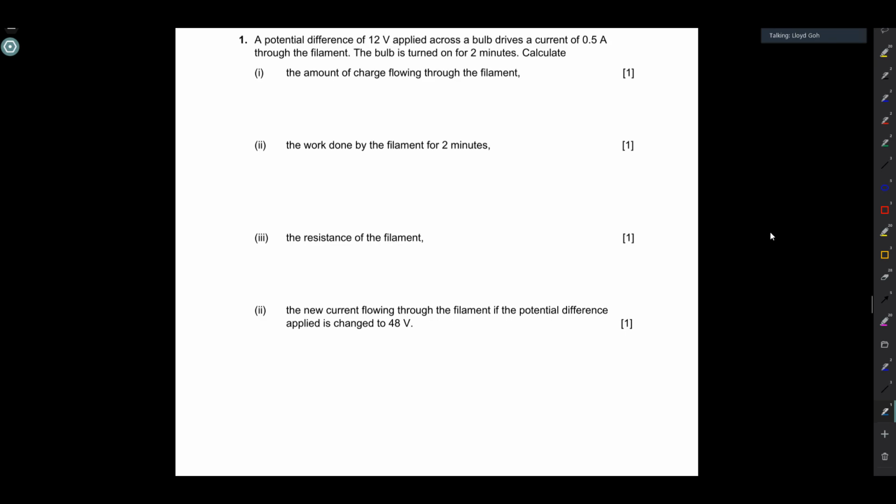Amount of charge Q equals I times t, so 0.5 times 120 equals 60. Then V equals IR.